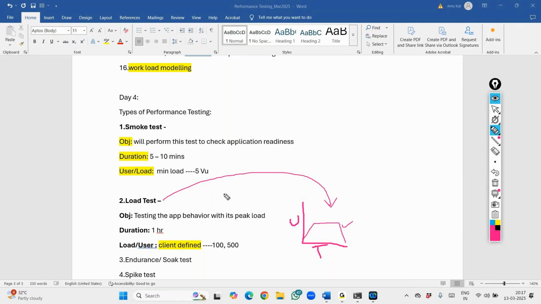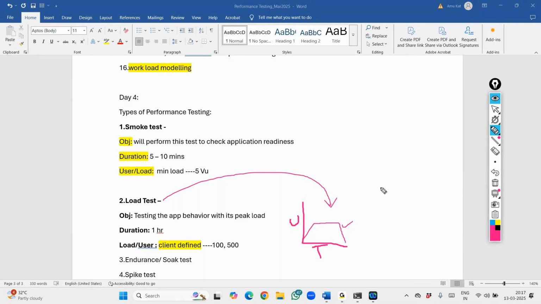When the client is not aware of the load and does not have any idea, in that case we will just compare the application. If it is IRCTC, then we need to compare with any ticket booking application and take the stats.